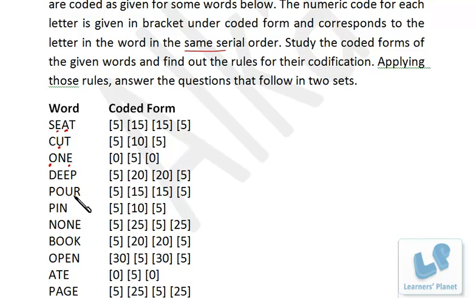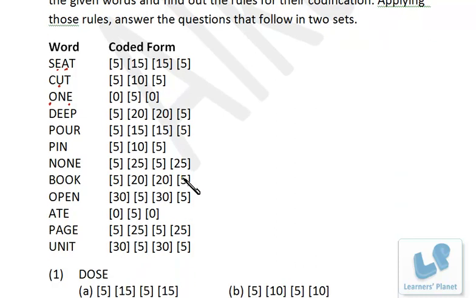Okay, that means actually we have to consider the order of vowels as well as the number of vowels, right? See here, E and E, this is a consonant, this is a consonant, right? So two vowels are between two consonants, so that's why these are coded the same, 20 and 20. Two between two consonants. Okay, let's see what happens.